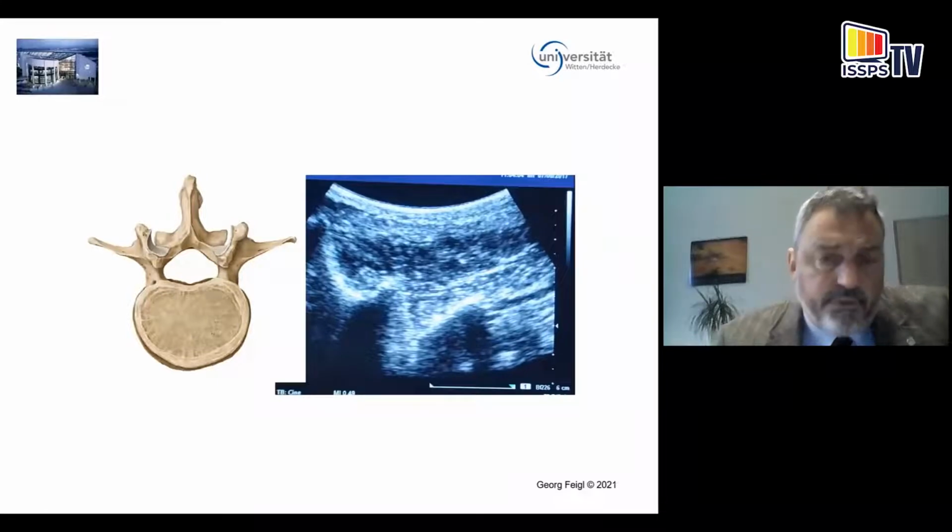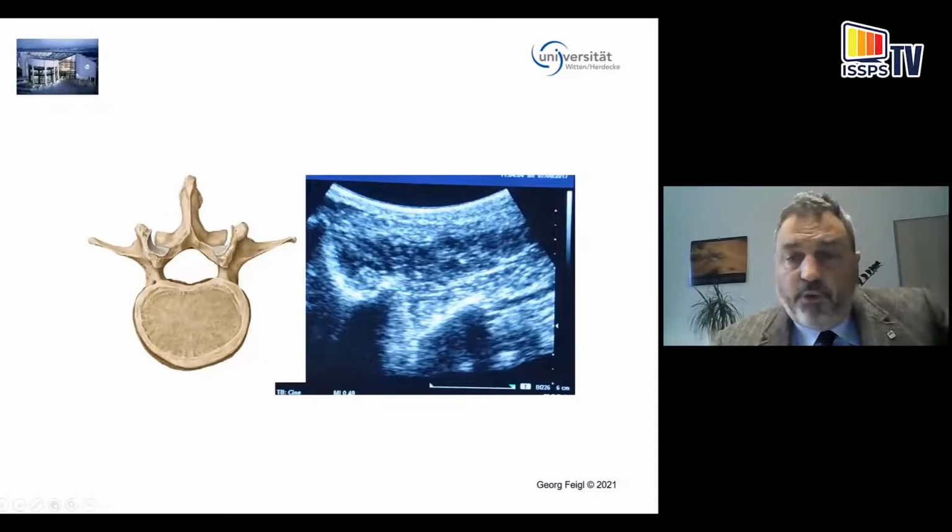So if you take the ultrasound, it's a very old ultrasound device that we had in Graz. I will be lucky and happy to have a new device next year in Witten. But you can see, if you take an old one, it's still visible, these three steps, where you get the spinous process, then the articular processes, which are forming the zygapophyseal joint, and the costal process in the third step.